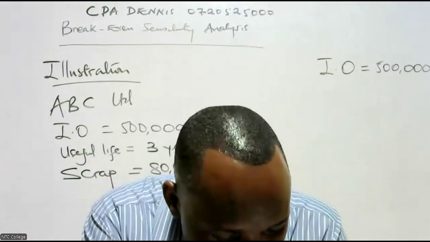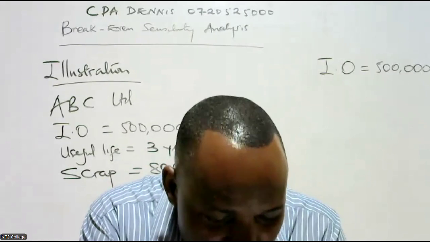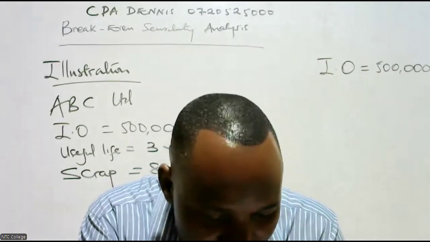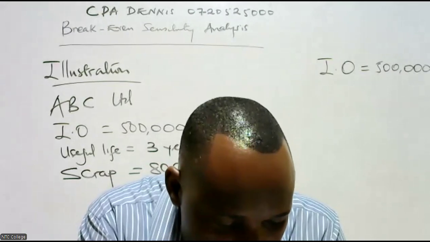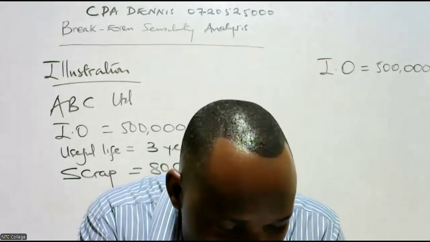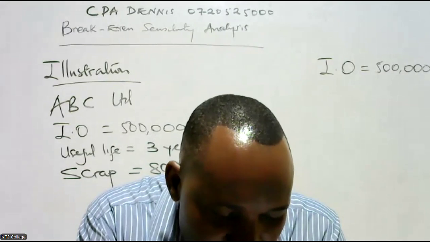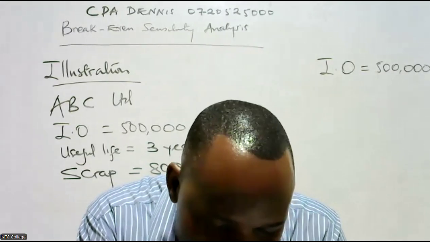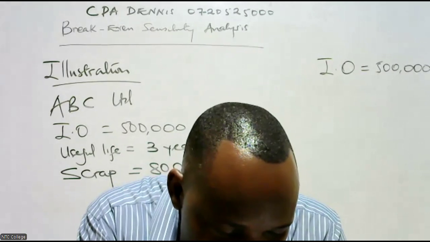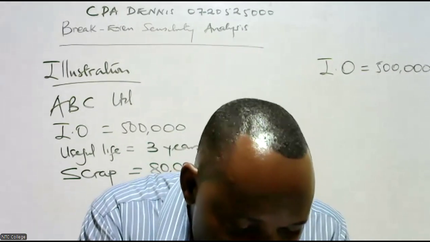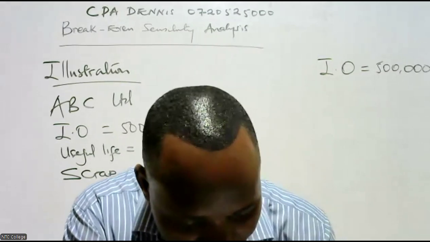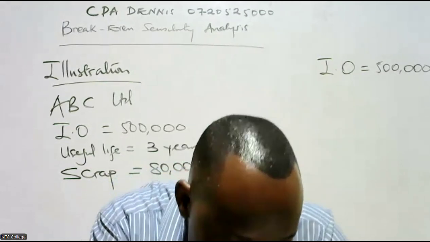For each of the 3 years of usage, I hope you are writing, the equipment is expected to increase both sales revenue and operating cost by 600,000 and 400,000 respectively.